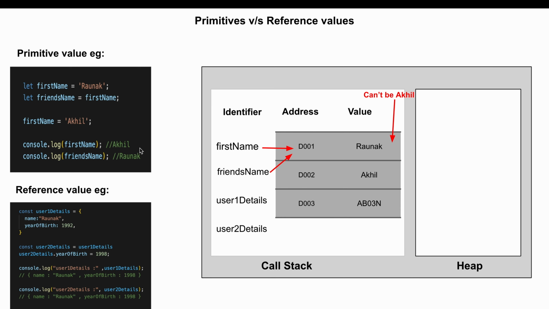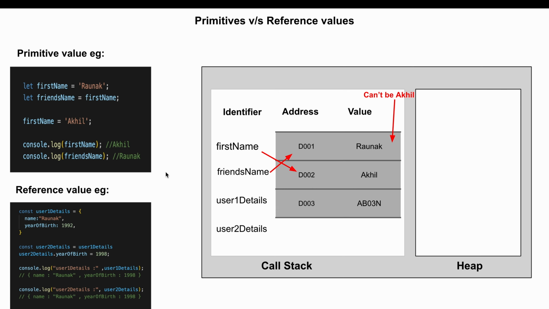So for firstName, we have assigned another value, a new address gets generated with that new value, and firstName will simply start pointing to that new address. That is the reason why we get Akhil in the firstName console log and Raunak in the friendName console log, because friendName is pointing to the old address, and firstName, since we updated its value, started pointing to the new address which holds the value Akhil.